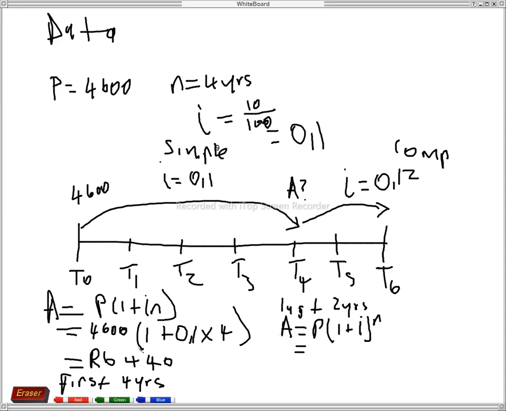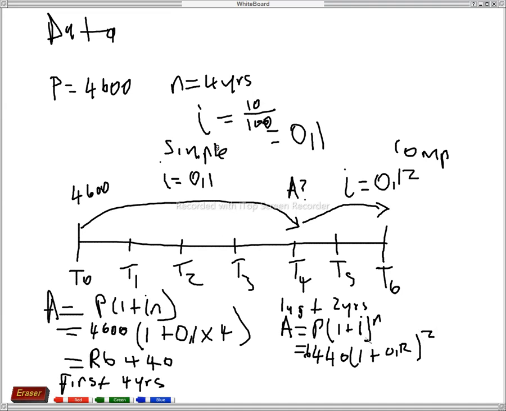We are going to take the accumulated amount from the simple interest and substitute it as our present value. It is 6,440, multiplied by 1 plus our interest, 0.12, to the power of 2 years.